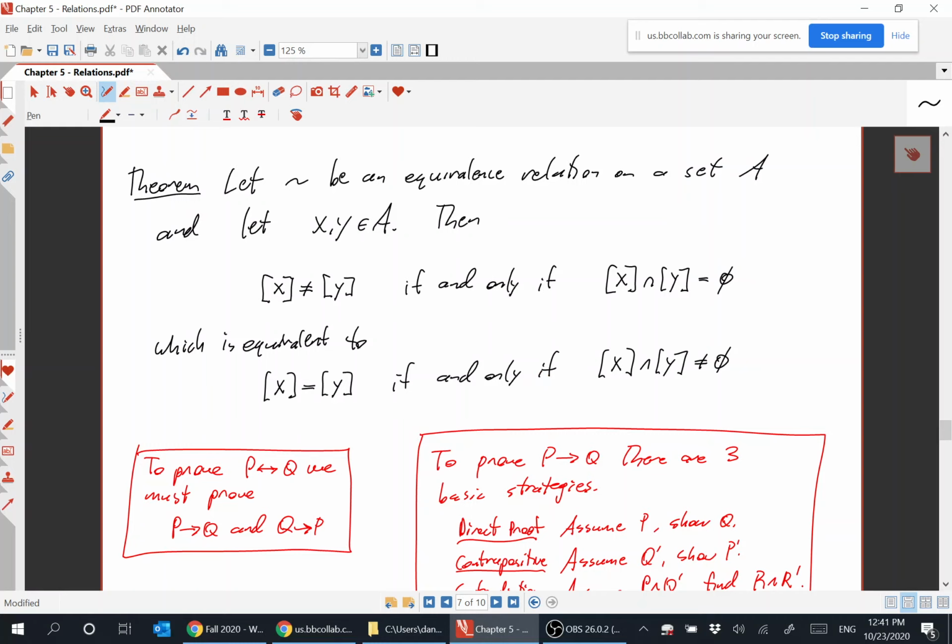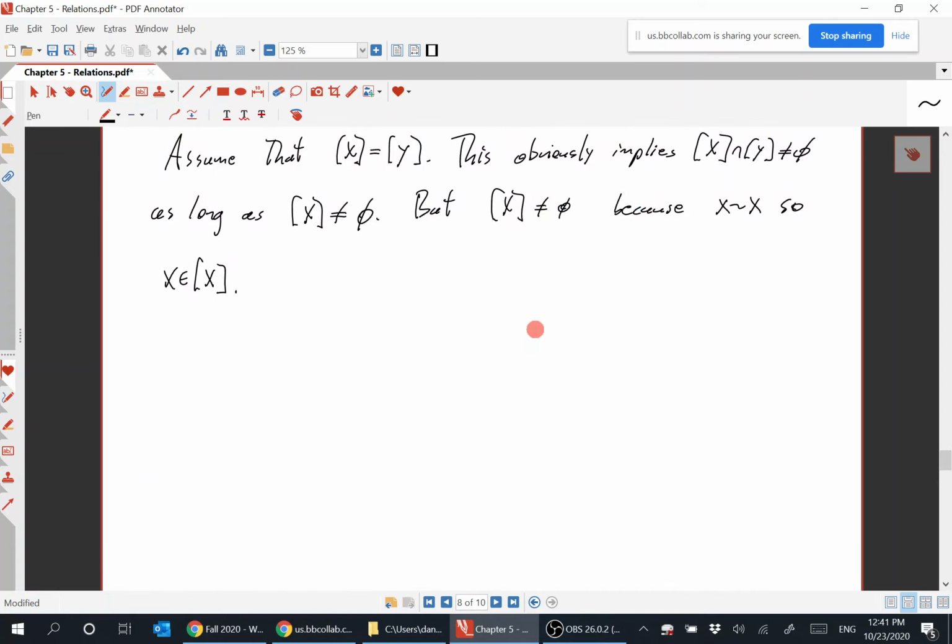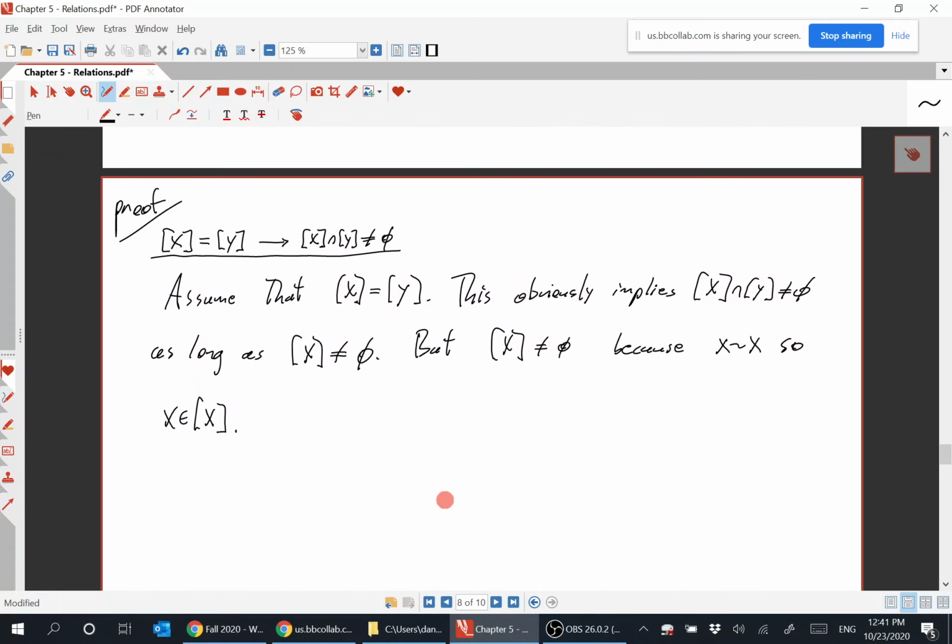The other way around: the intersection of the class of x and the class of y not equaling the empty set implies that the class of x equals the class of y.